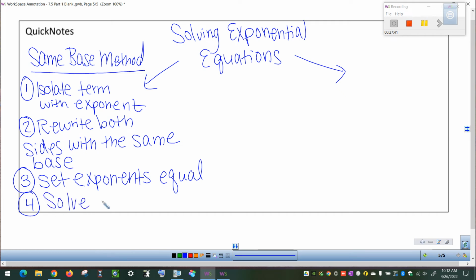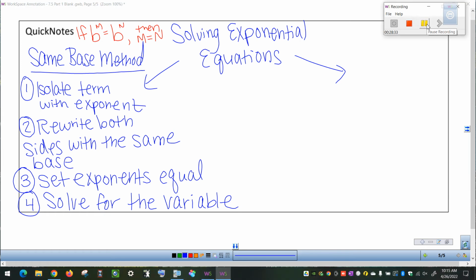And then our last step was to solve for the variable. So one thing I think about with the same base method, if we have something like b to the m set equal to b to the n, as long as the bases are the same, then we say that m equals n. We just set our exponents equal.